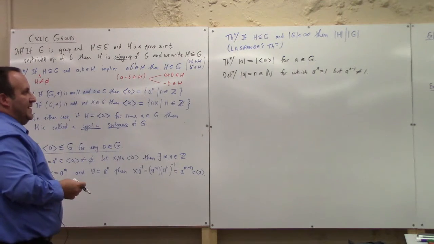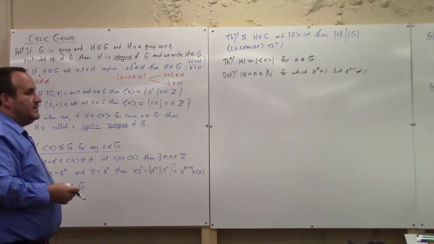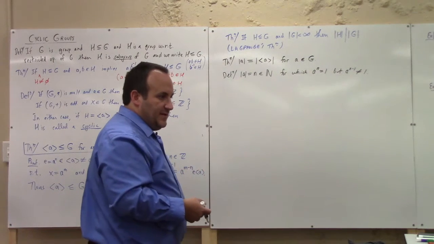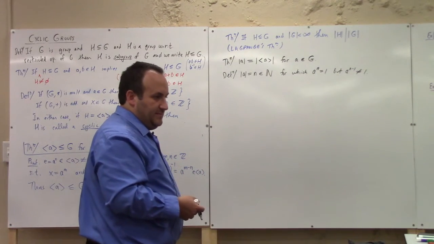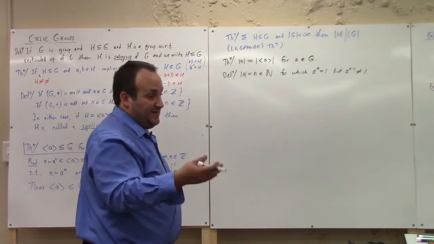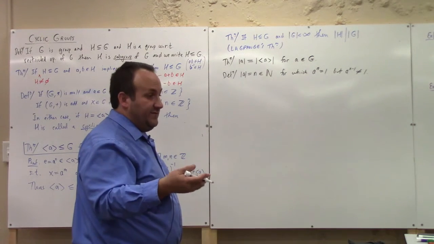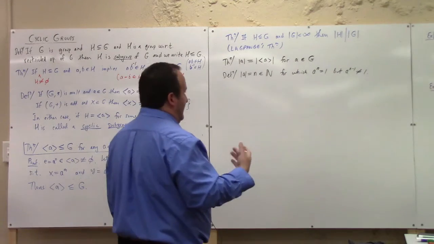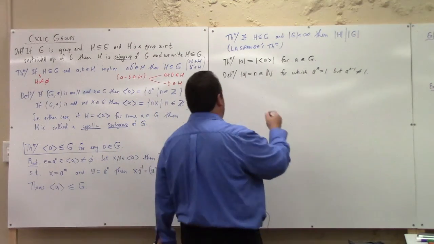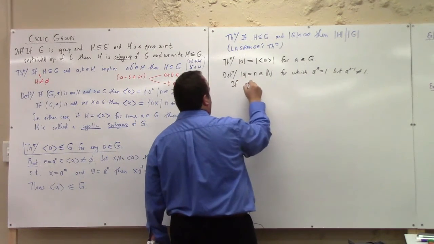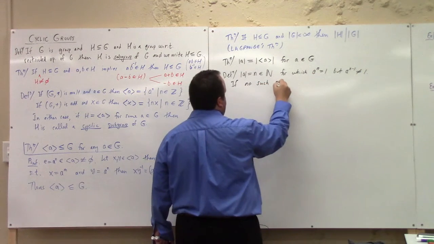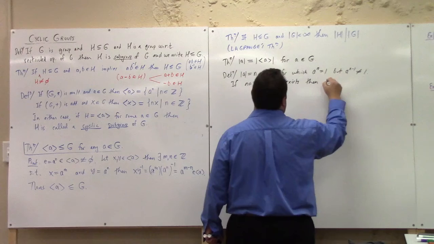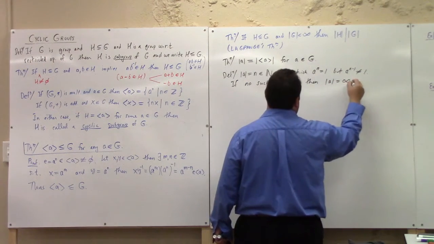So it's the least positive power that when you raise the element to that power, you get back to the identity. Now, this doesn't have to happen. There are infinite groups where, if no such n exists, then we say that the order of A is equal to infinity, all right?